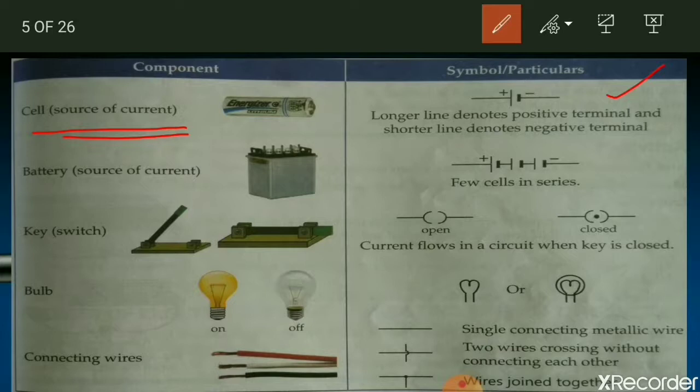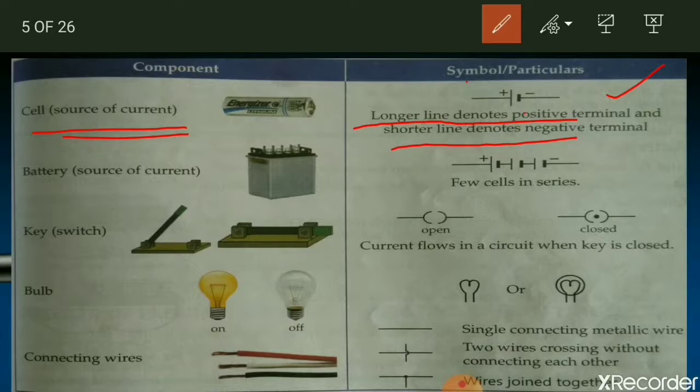The longer line denotes the positive terminal, and the shorter and thicker line denotes the negative terminal. If you see this type of symbol in any circuit diagram, it represents the cell in the circuit, where the longer, thinner line represents the positive terminal, and the thicker, shorter line denotes the negative terminal.